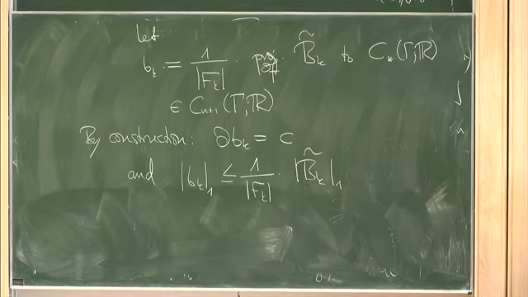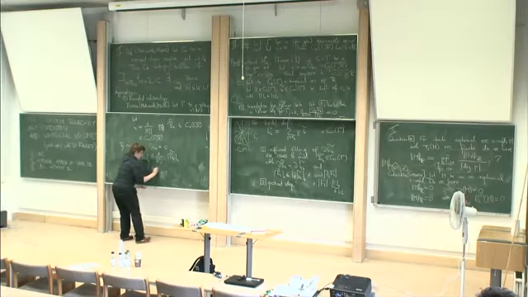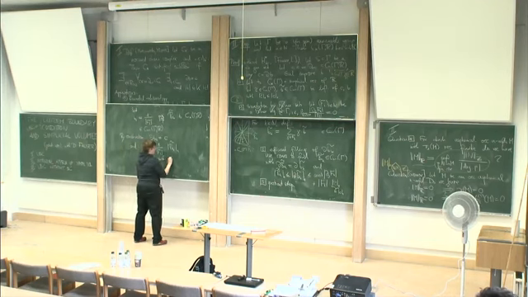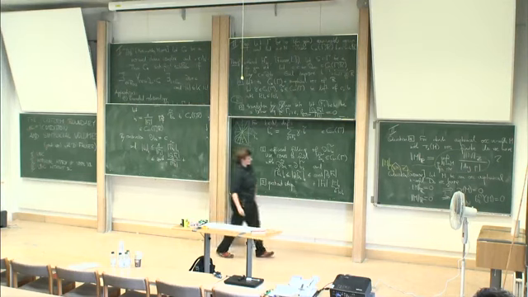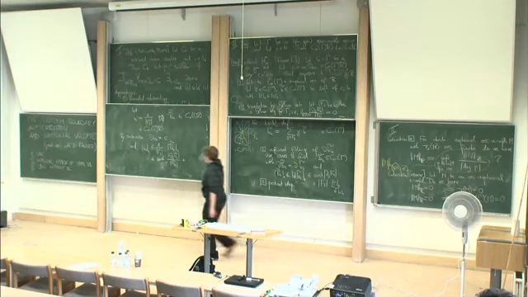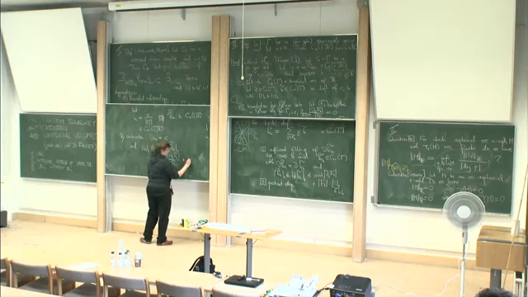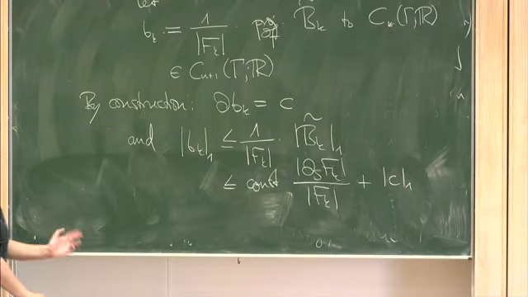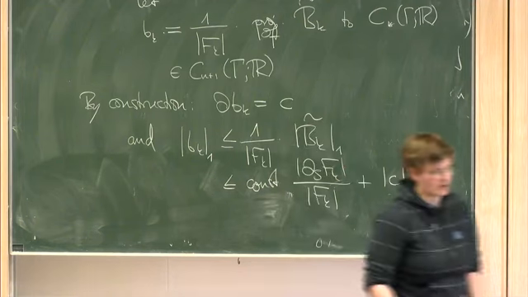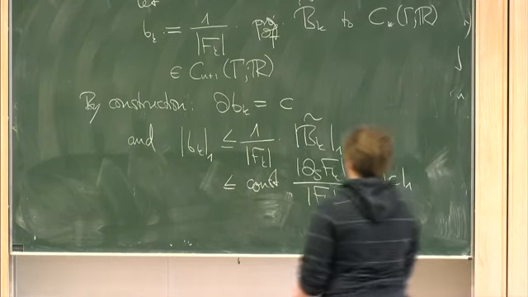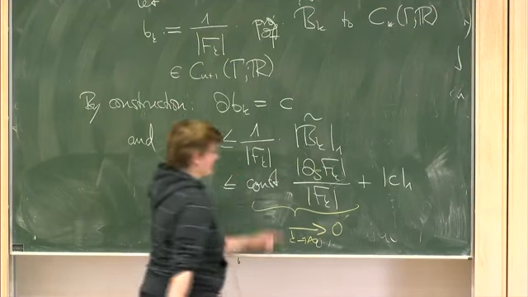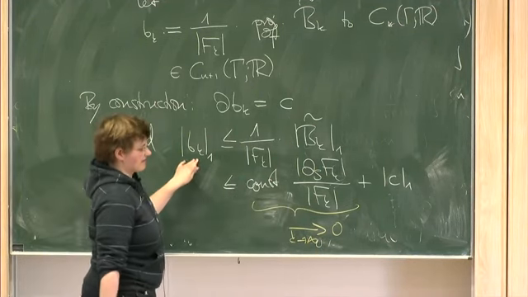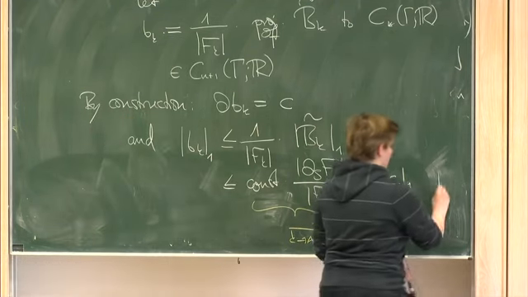But we have an estimate for this norm, so there is some constant, and then we have the boundary of the Følner set divided by this Følner set plus the term coming from C times the size of the Følner set, but we divide by the size of the Følner set, so we are left with just the norm of C. And of course this first term, because F_k is a Følner sequence, goes to 0 if k goes to infinity. So if we take k large enough, then we will find a very good filling of C. And that's what we wanted to do.